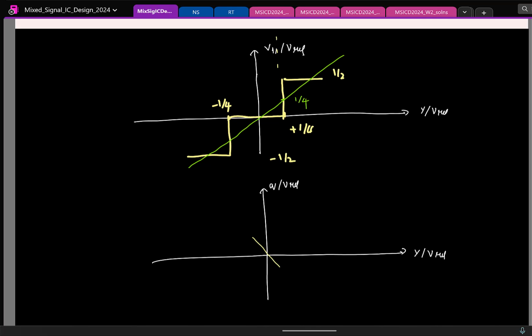So what will be the jump? It's 1/4 and 1/2, difference is 1/4. Here 0 minus 1/4, 1/4. So it's going to go up or down by 1/4 only.